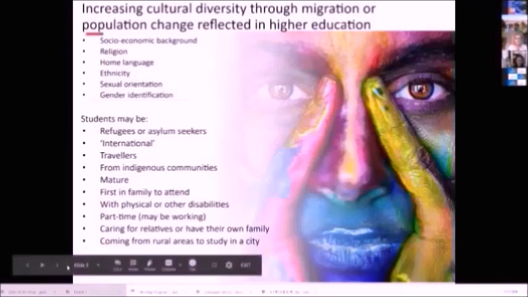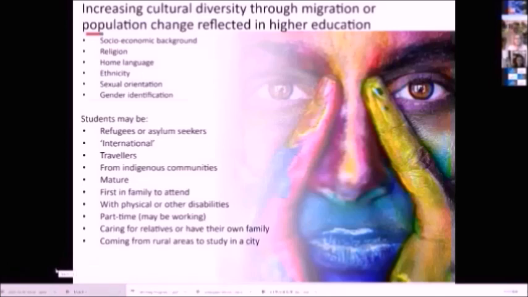Now, we may have refugees or students who are classed as international. They may, in certain countries like Canada or Australia, come from Indigenous communities. They may be first in their family to attend university, or they may have disabilities which we can see or not see.